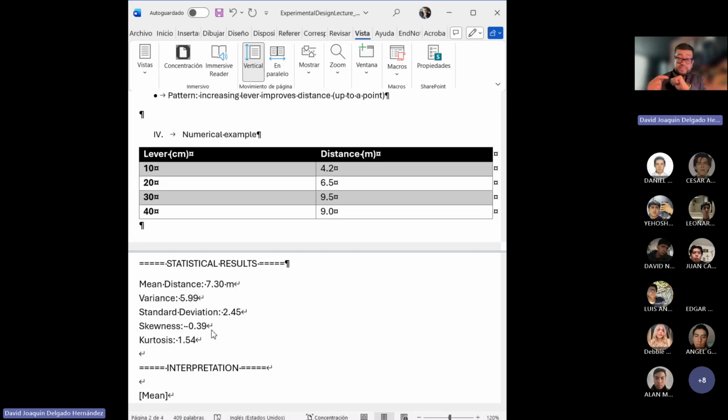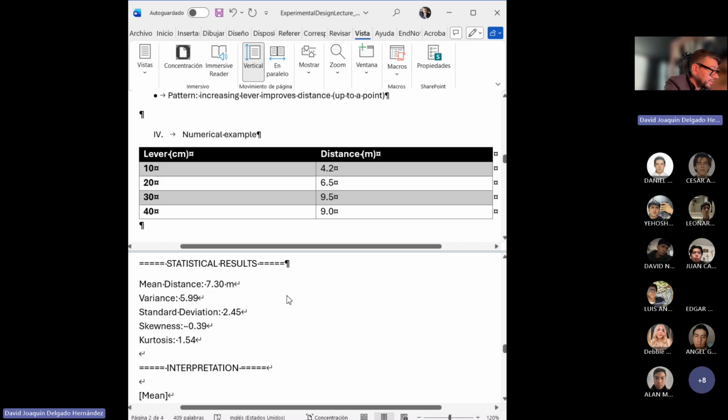If kurtosis is greater than 3, that means that it is a very sharpened distribution. If you have less than 3, that means that you don't have this sharp peak, okay? It is a low figure.